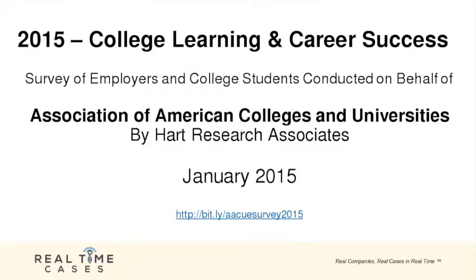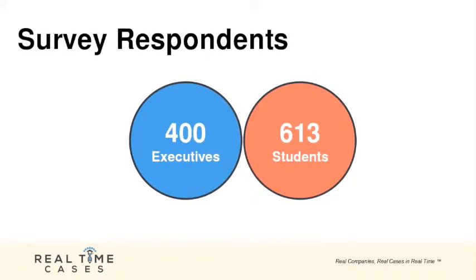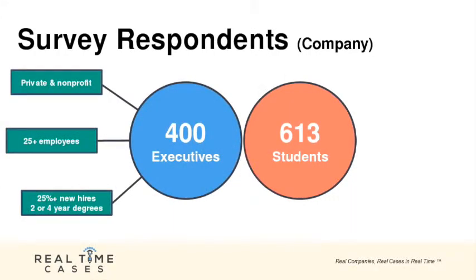To give you an idea of who the survey participants were, there were 400 executives from the private and non-private sectors who had 25 or more employees, with 25% of them saying their new hires would have a 2-year associate's degree or a 4-year degree.